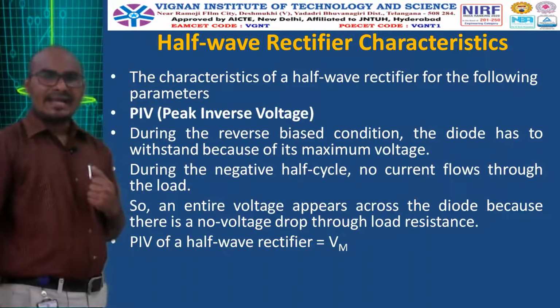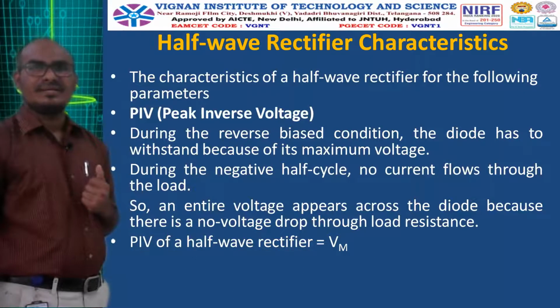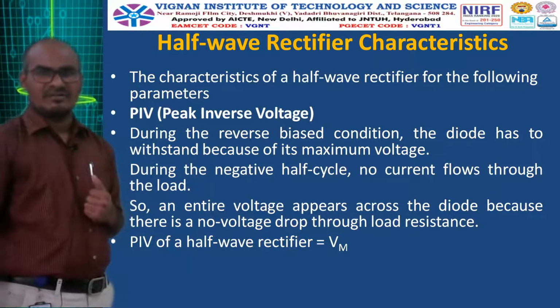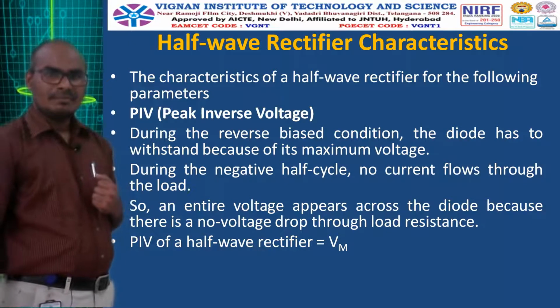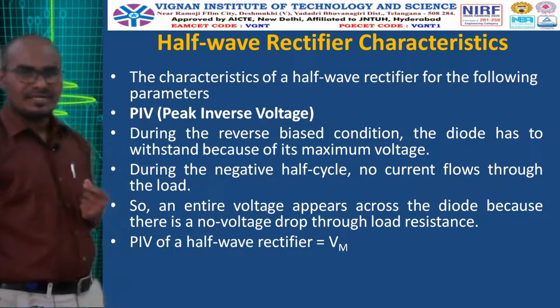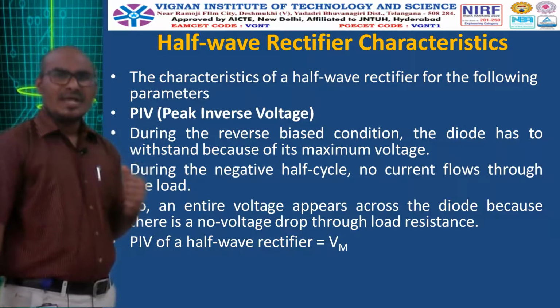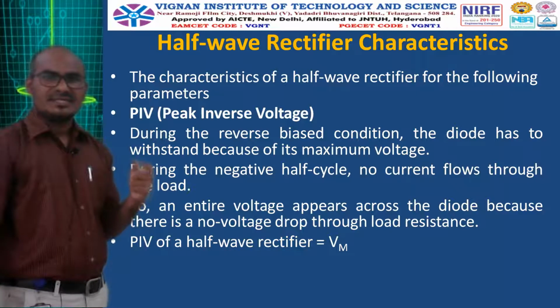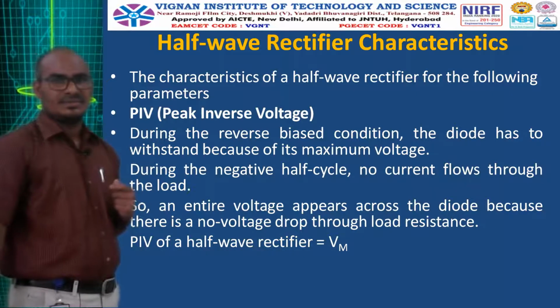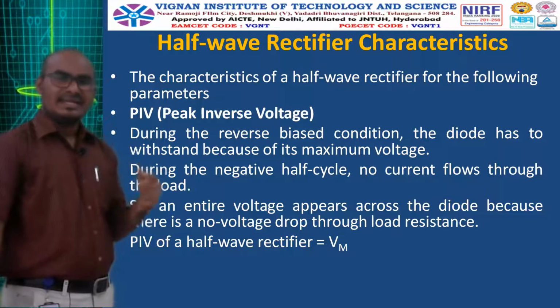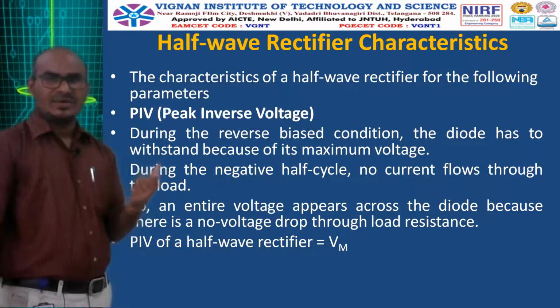Some more characteristics of the half wave rectifier or full wave rectifier will be the same. One is the peak inverse voltage. So what is peak inverse voltage? The peak inverse voltage is the maximum voltage the diode has to withstand during the reverse biased condition. There will not be any current flowing through the diode during the negative half cycle.